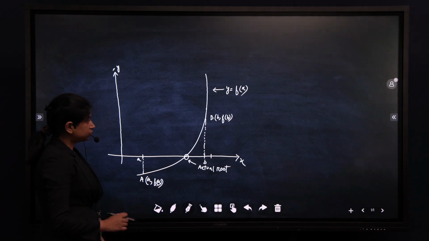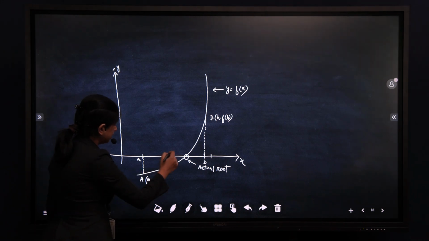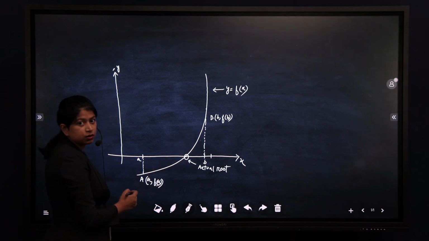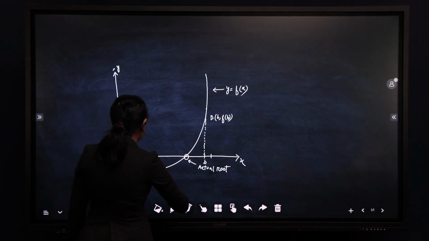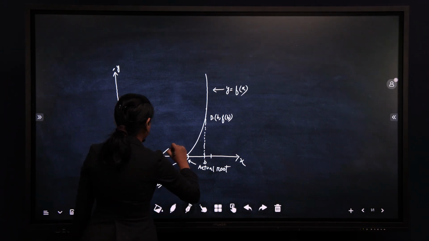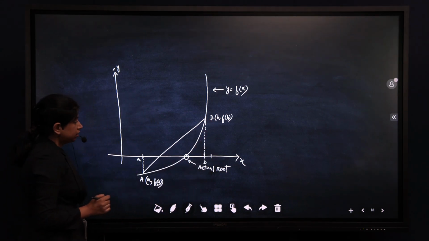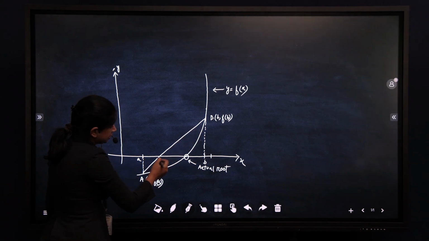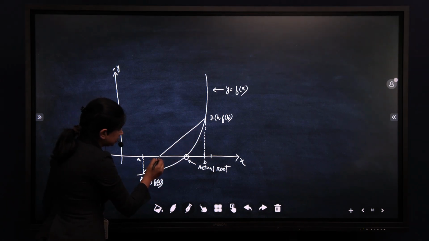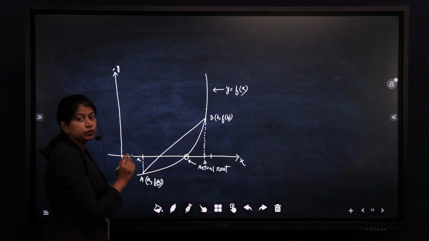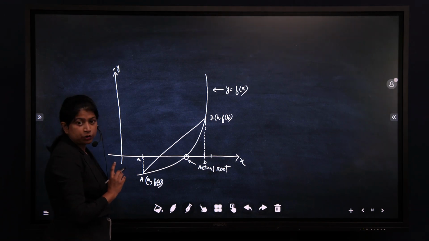So next step, we connect this a and b point with a straight line. This straight line cuts the x-axis at this point, and this point will be our first approximation.